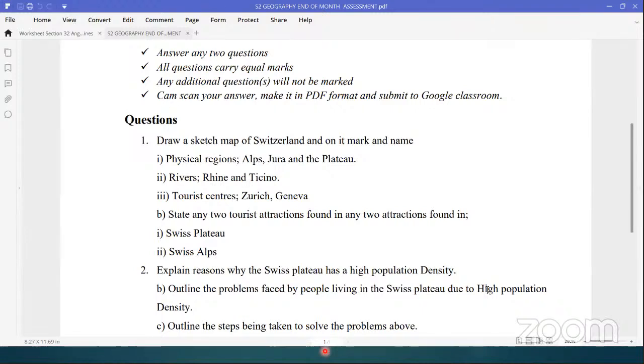There is a high population in the Swiss Plateau due to a favorable climate. Thank you. There is a high population in the Swiss Plateau, a favorable climate.